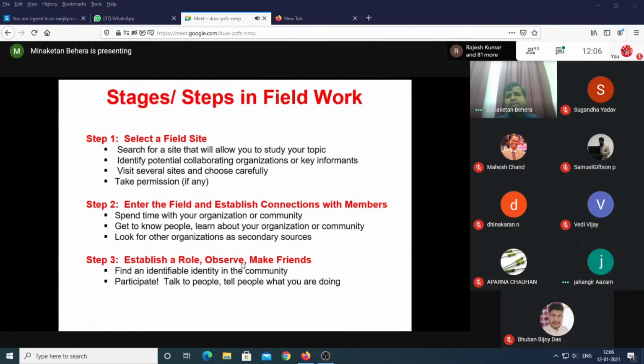When you are entering a field, the first step, I many times ask my participants: whom will you talk to? When you are entering a rural area, the first step you should not take is to say that we will ask the Gram Pradhan. No, not at all. This is my understanding.